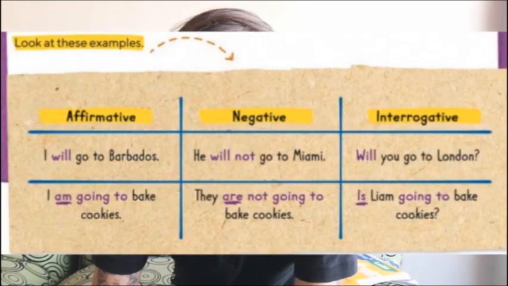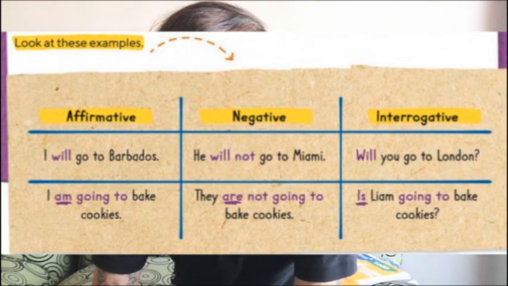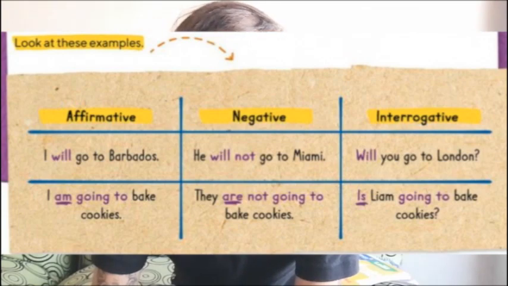Let's go to the page. Here on the page we have the first examples. Affirmative. I will go to Barbados. Negative. He will not go to Miami. Interrogative. Will you go to London? And then the going to version.